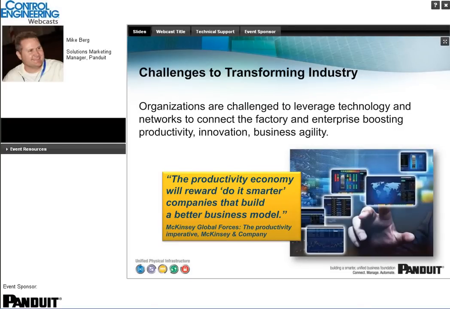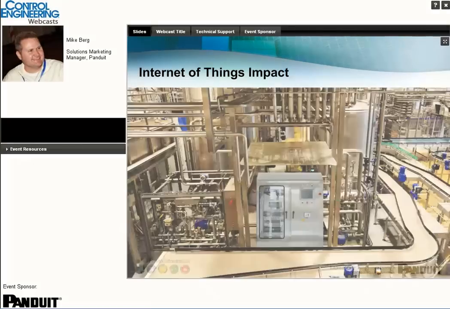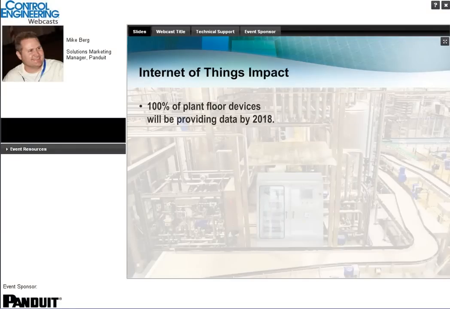And to that end, there's a thing called the Internet of Things, and it relates to industrial networking. There's evidence all around us that industrial networking and industrial Ethernet is becoming more and more pervasive. There are estimates that up to 100% of plant floor devices will be providing data as soon as 2018.